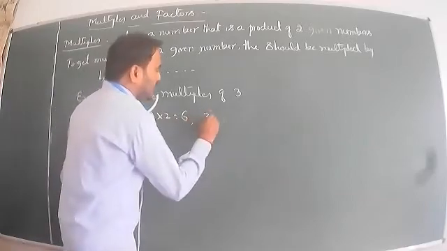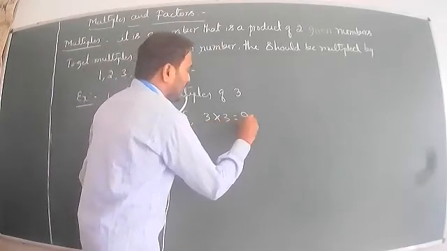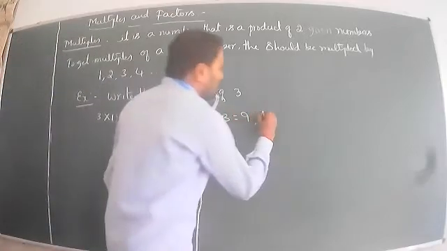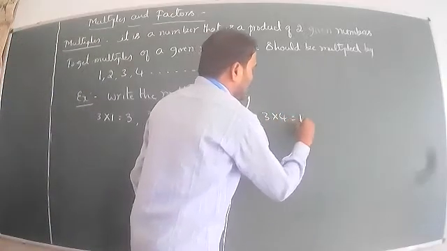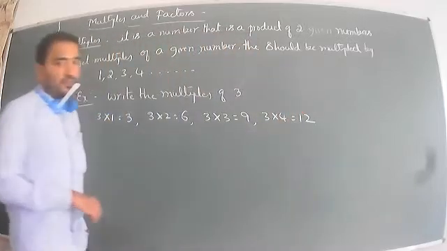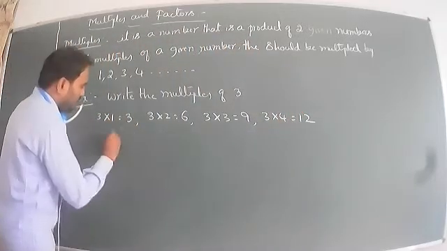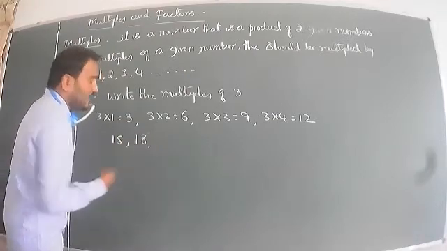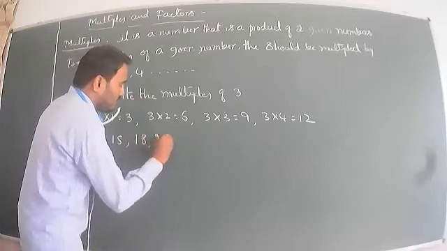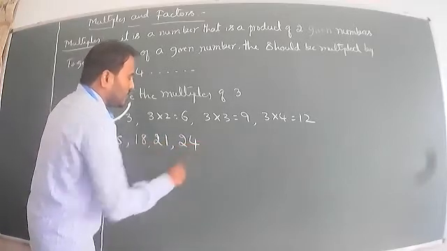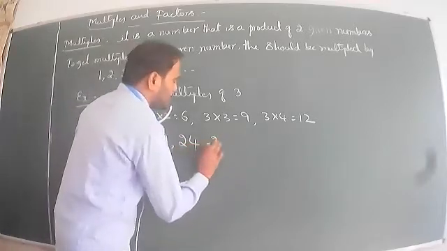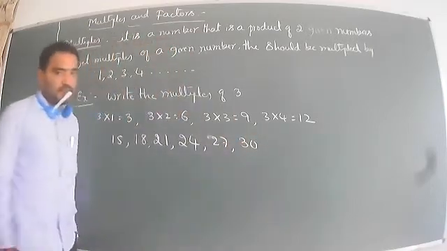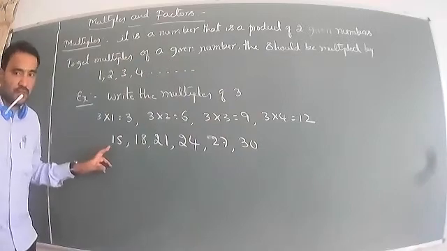Next, 3 into 3 is 9. 3 into 4 is 12. Next, 3 fives are 15. 3 sixes are 18. 3 sevens are 21. 3 eights are 24. 3 nines are 27. 3 tens are 30. So we stop. These are the multiples of 3.